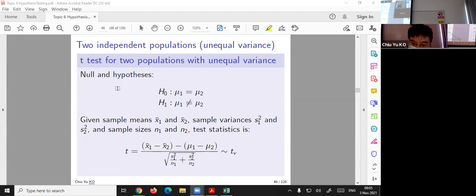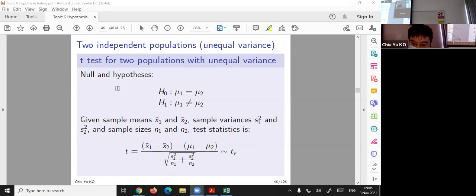In general, this number V, in the next slide, will not be too much different from N1 plus N2 minus 2, as we will see in the example, but they are different. And why they're different is beyond the scope of our class. Even for introductory statistics in the statistics department, they don't teach it. So it's way beyond our scope to understand why V is like that.